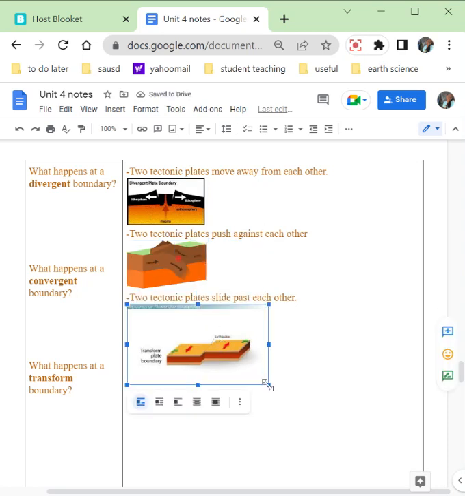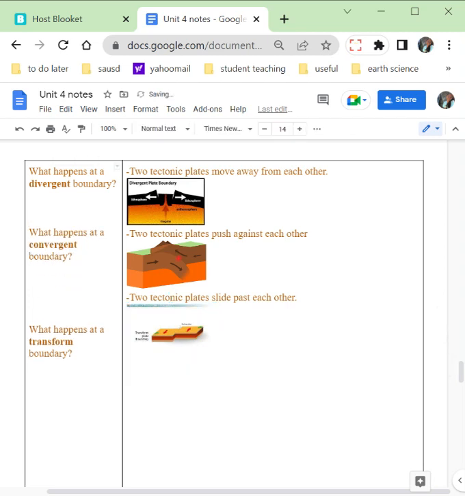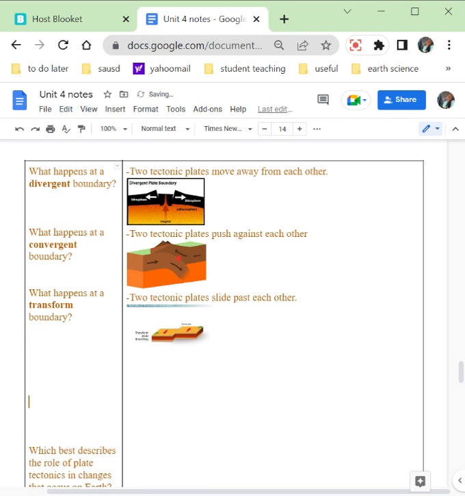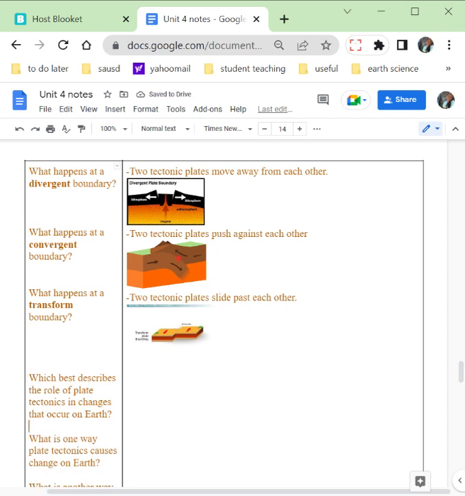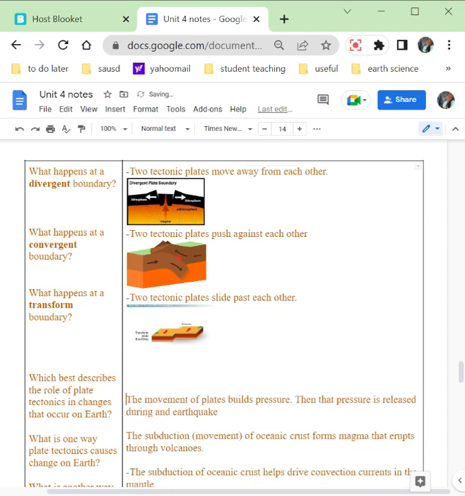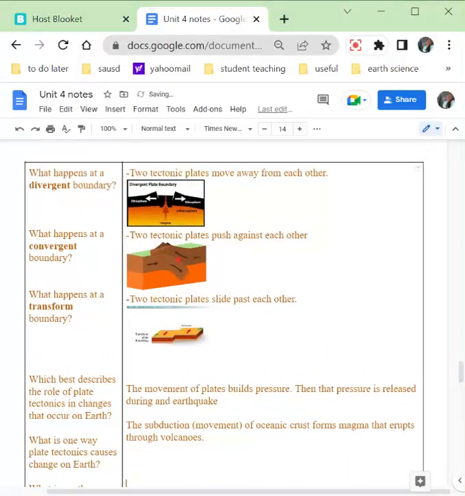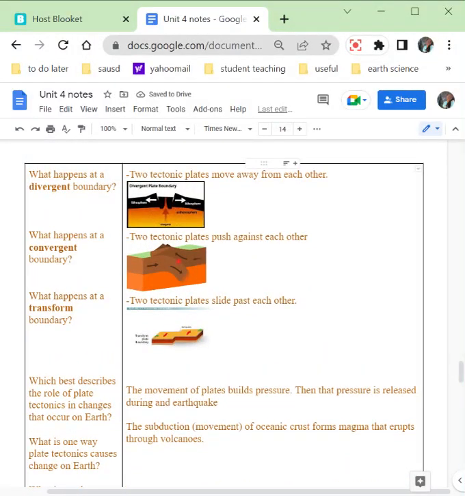So we can add more things. So with all these changes that we see, like that ultimately causes volcanoes or earthquakes, that's why it's important to learn about plate tectonics, because it can ultimately affect us and how we live.